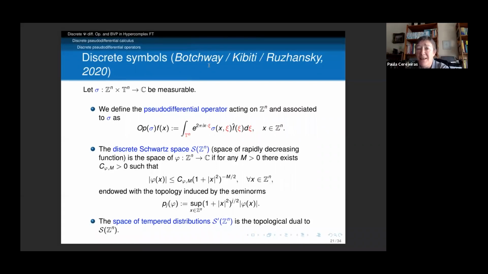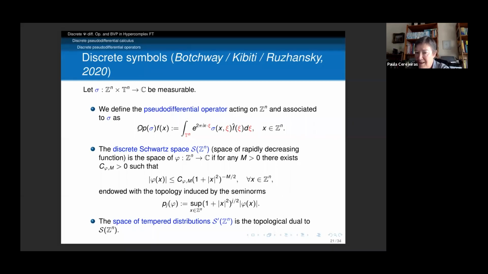Now, in a nice paper on the arXiv in 2017, which has been recently published, there was an idea of constructing discrete symbols when your space is a lattice and the frequency is in the torus.